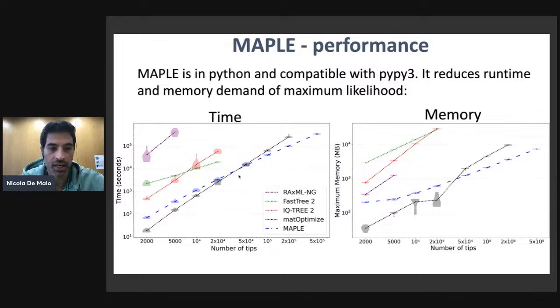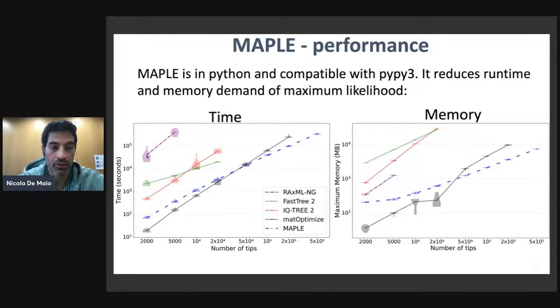On the left, the time is also quite improved. Let me mention the different methods. You have MAPLE in blue, and you have UShER, and MatOptimize is an addition to UShER that improves the phylogenies. So these are parsimony trees inferred by UShER and improved by MatOptimize. You get a similar runtime between MAPLE and UShER in this context, and more or less similar memory.